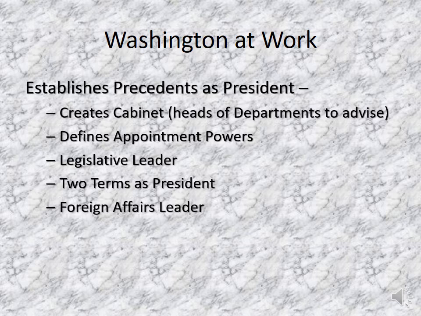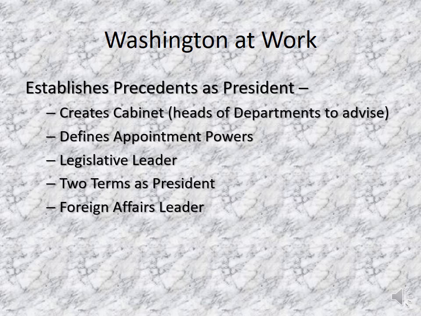For example, George Washington created a cabinet, and he created heads of departments to advise. People followed along in his footsteps and did the same thing. When there's a switchover of power, the new president can then select his own heads of the departments to help him make decisions, and the people left over from the other presidency usually leave.